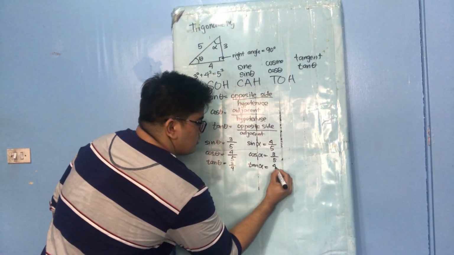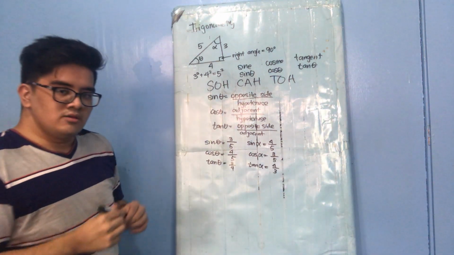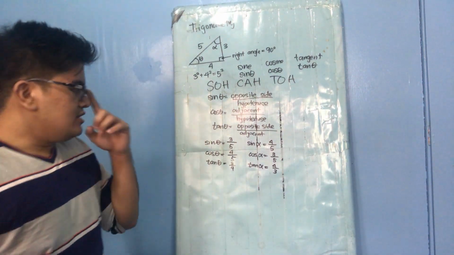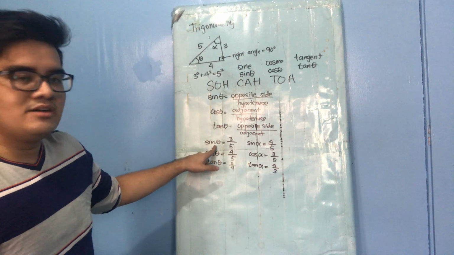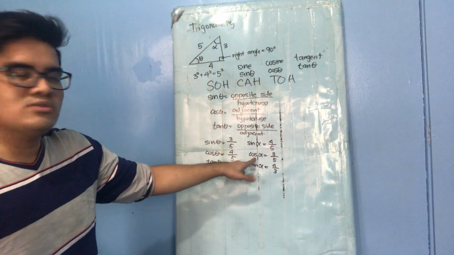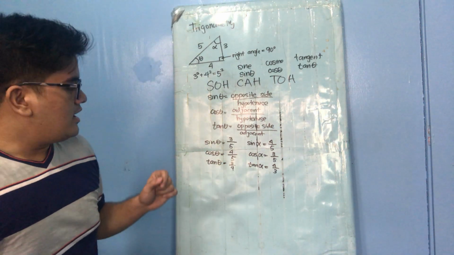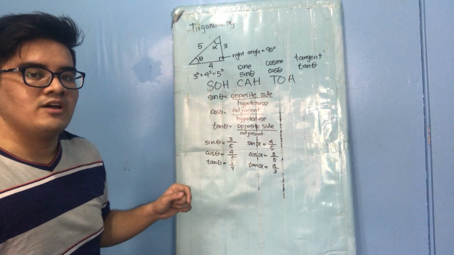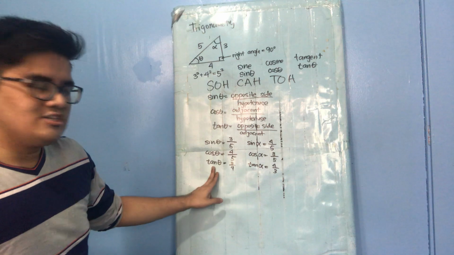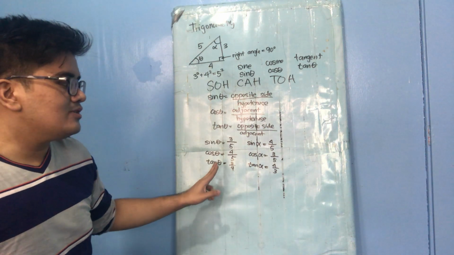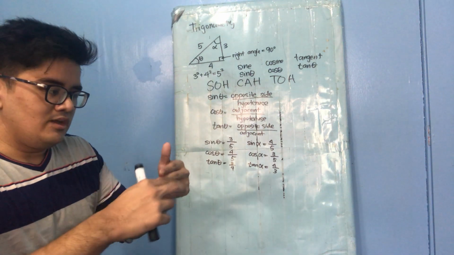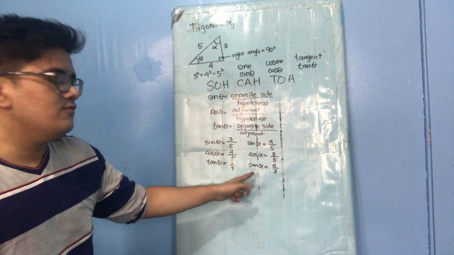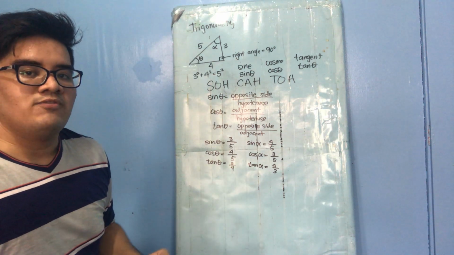So, it's 4/3. Notice that the sine of theta is the same as the cosine of alpha. And the cosine of theta is the same as the sine of alpha. And the tangent of theta is the reciprocal, or the inverse, of the tangent of alpha.